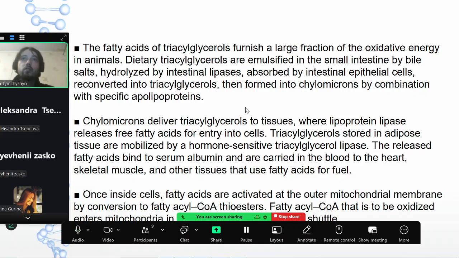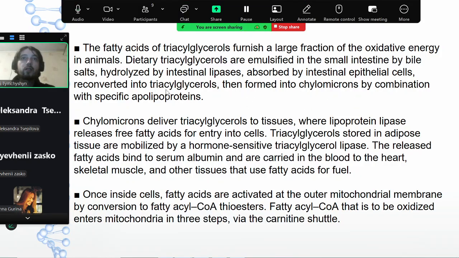Dietary triacylglycerols, as a reminder, are emulsified in the small intestine by bile salts, hydrolyzed by intestinal lipases, absorbed by intestinal epithelial cells, reconverted into triacylglycerols, and then formed into chylomicrons by combination with different apolipoproteins. So that's what we have seen.